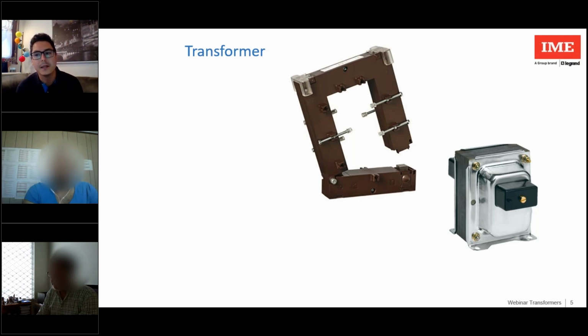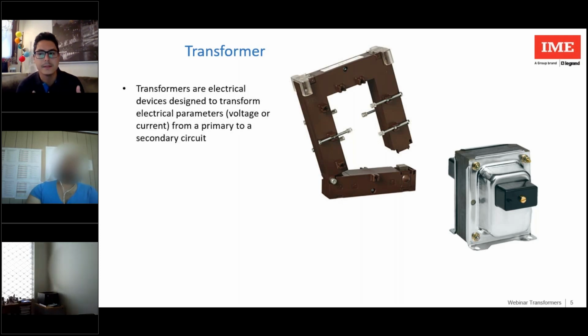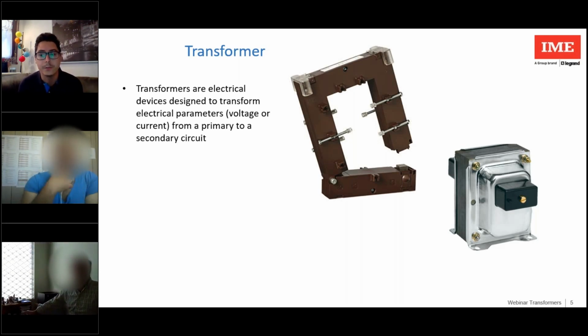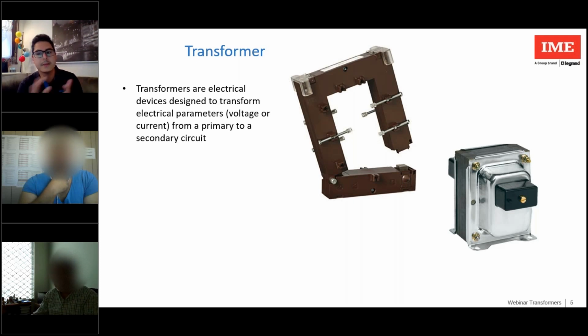But let's start a little from the basics. Let's start by introducing what a transformer is. The transformer is a static electric machine powered by alternating current, based on the phenomenon of electric induction, intended to transform the voltage and the current of electric power between the primary circuit, the input, and the secondary circuit, the output of the transformer.